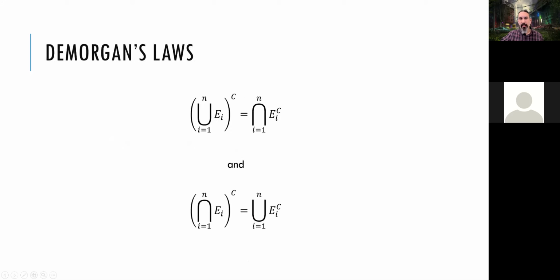Now, we also have De Morgan's law. You may have forgotten this, but I'm pretty sure you have seen this in set theory as well. But this is, again, simple enough to remember, but not that simple to use.